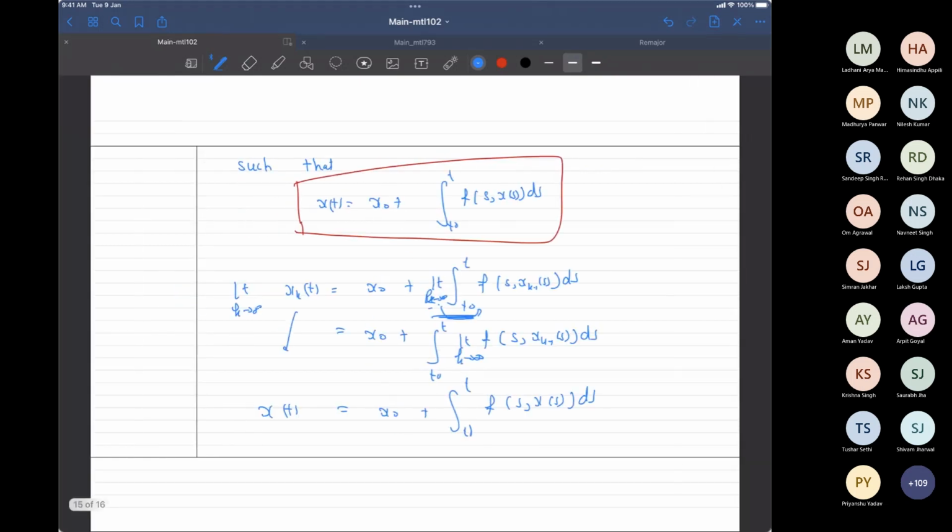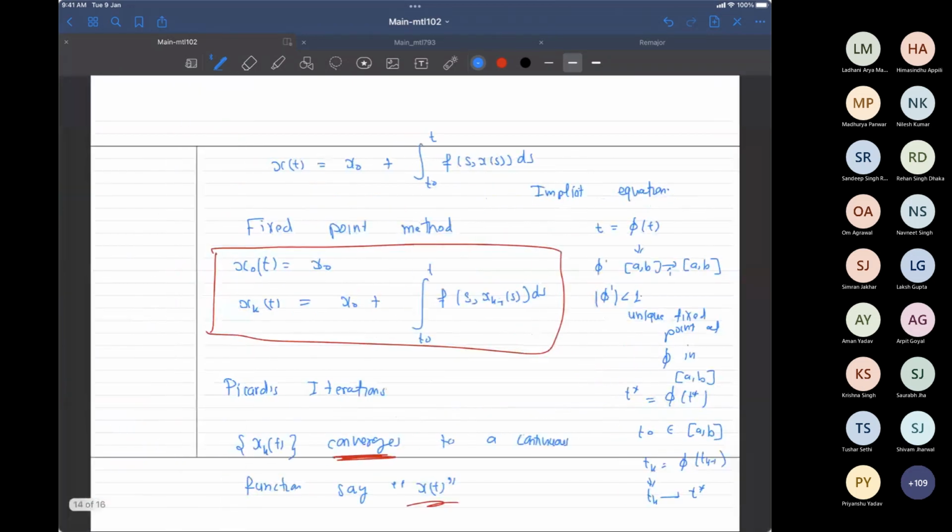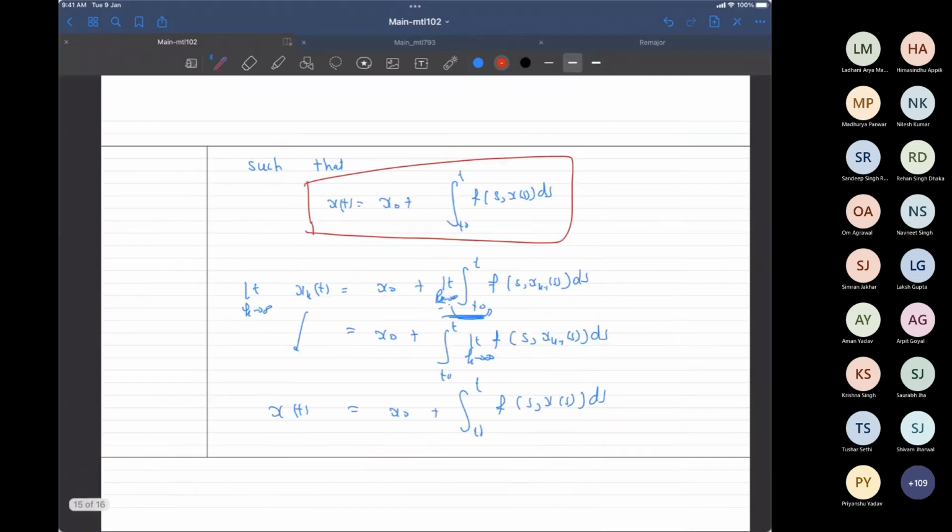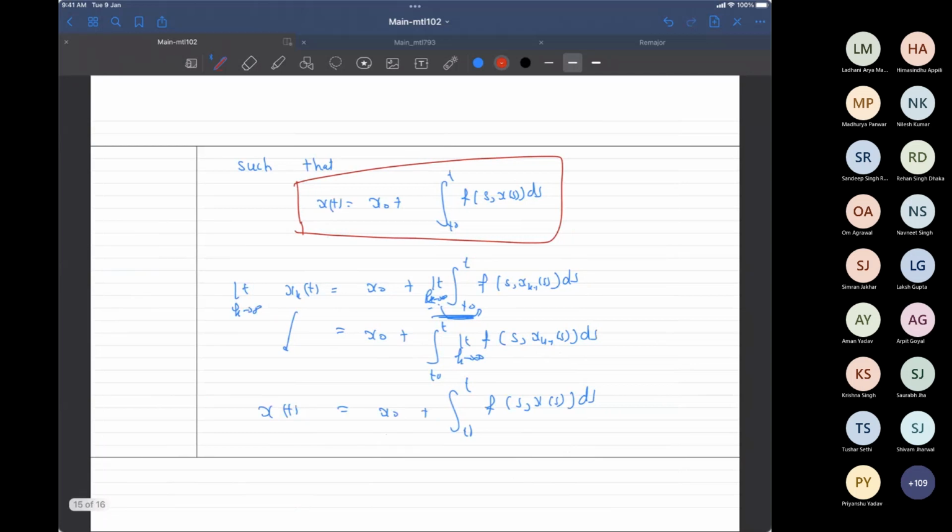Okay, so first, let's keep the full picture in mind. We need two things. One is this thing: we still need to find what is x, and second is that we need x to satisfy this, which we will try to do via this way, which will involve the switching of the integral and the limit. Now first I will discuss the second part, under what condition you can do this. Please note that we need appropriate conditions.